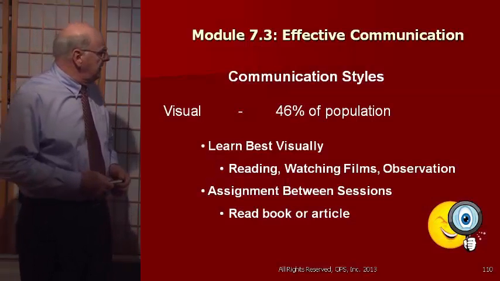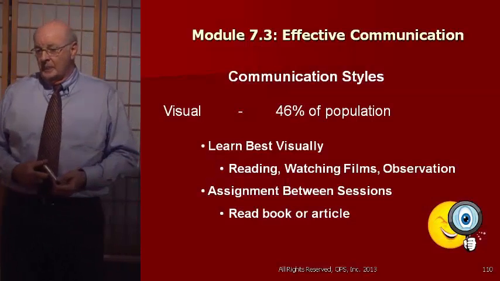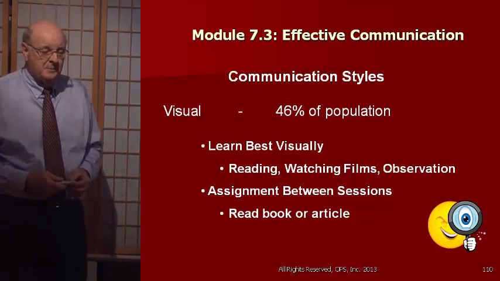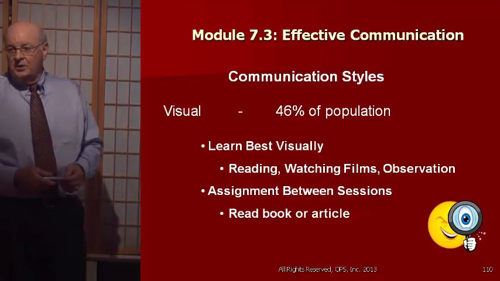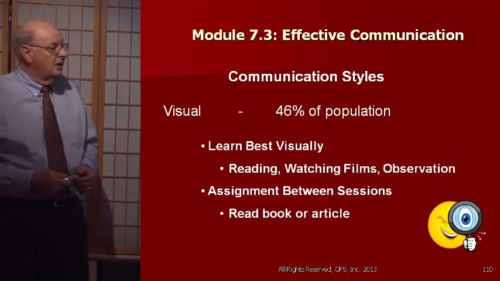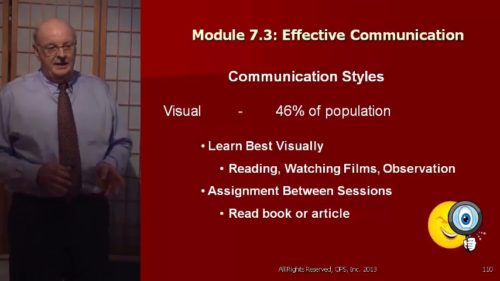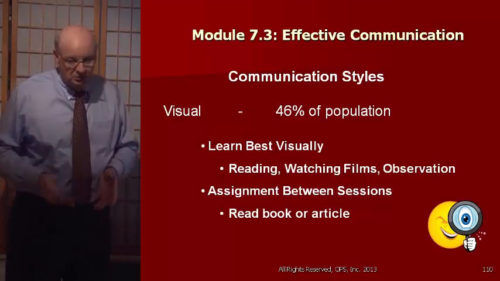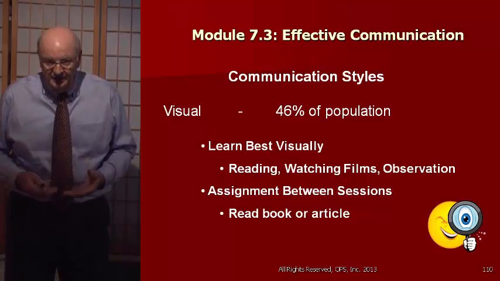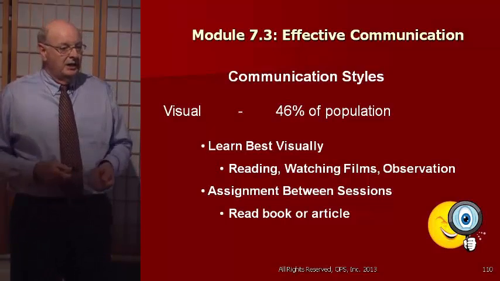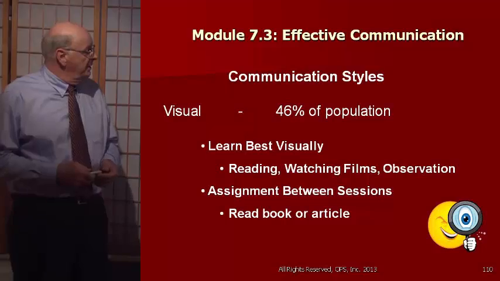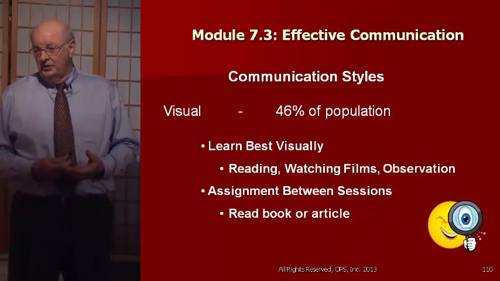The first is visual learners. That's the largest single group. Approximately 40% of the population are visual learners. Now, none of these are exclusive. A visual learner also learns auditorily or in a tactile manner, but it's primarily through visual.